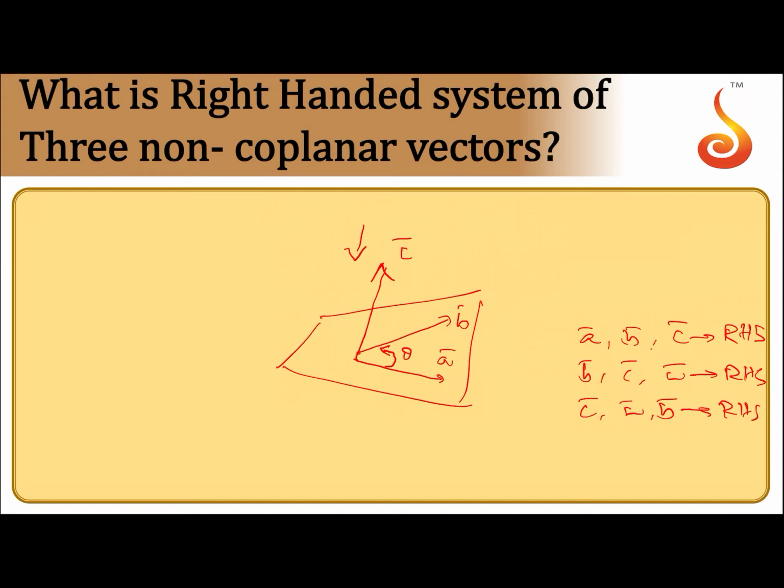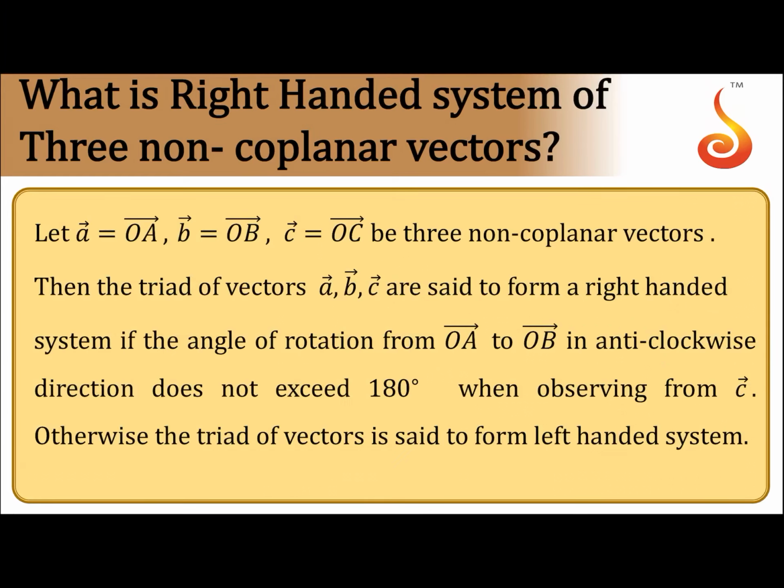If the three vectors do not form a right-handed system, they are said to form a left-handed system. So definition-wise, let A bar equal OA bar, B bar equal OB bar, and C bar equal OC bar be three non-coplanar vectors.